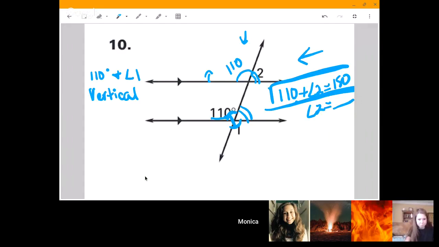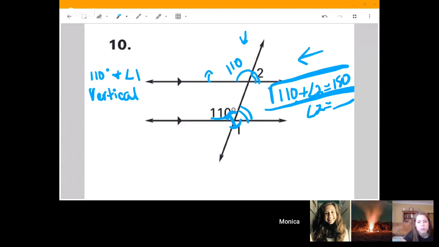And what do we know about vertical angles? Vertical angles don't equal 180. They're congruent, okay? So that means they equal each other. So any angle that forms a vertical angle, like these two, those are going to be congruent. So angle 1 is also going to equal 110 degrees, right?